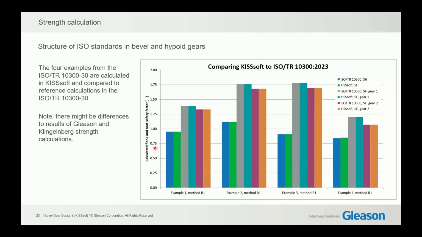However, if you have results from Gleason or Klingelberg strength calculations, they might be a little bit different, because maybe other software does not use the ISO standard as accurately as KISSsoft does, or they use their own developed methods. So just to let you know, KISSsoft is precise here, and there are always additional rating methods available.